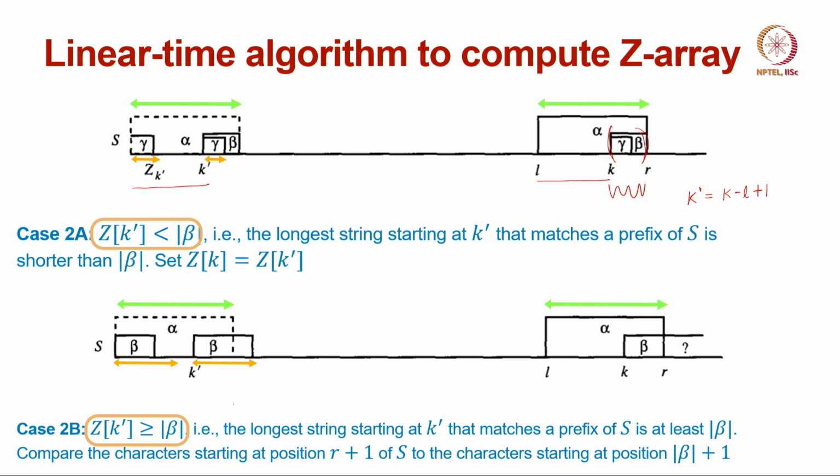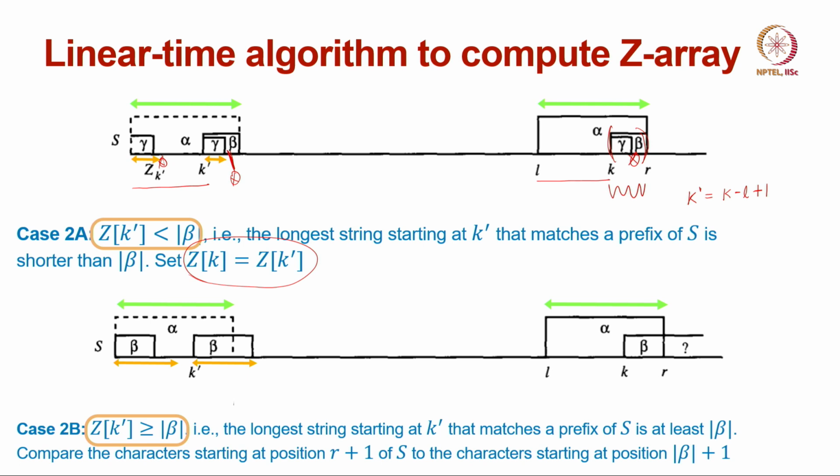In this case we immediately know that Zk is equal to Zk dash, because the first gamma characters are matching, the gamma plus 1th character is mismatching, which also immediately tells me that this character will mismatch the prefix of S. So immediately we can set Zk as Zk dash.